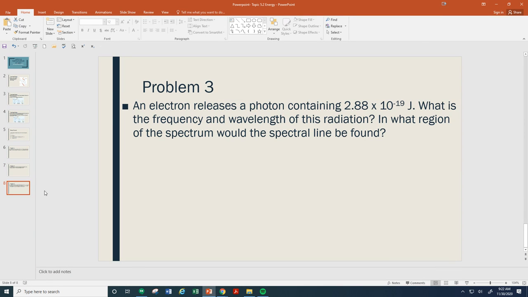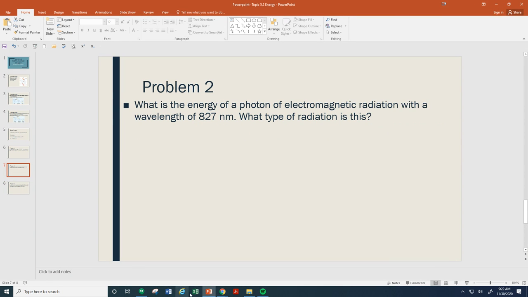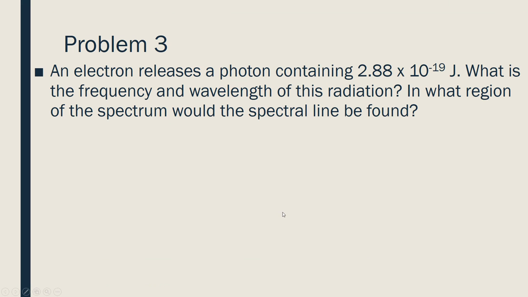And we have one last problem in that we are working with this equation in a different way, still connecting the two problems, like what we did in problem 2. Here it says an electron releases a photon containing 2.88 times 10 to the negative 19th joules.